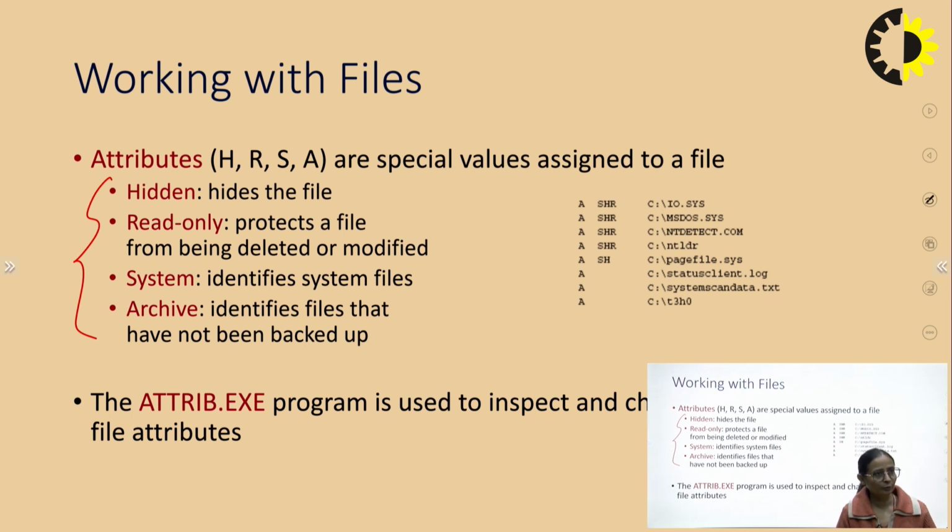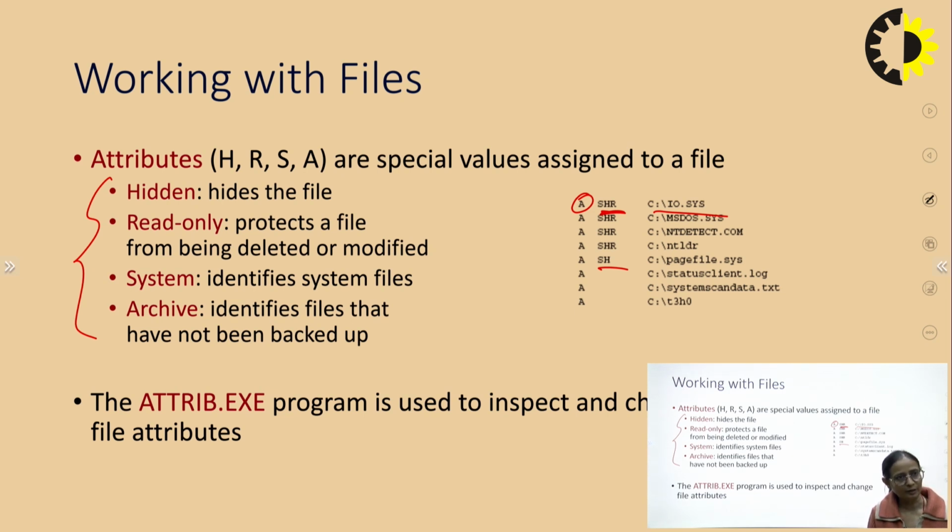So if you look here, A is my archive, and we see what permissions we have given each file. For example, here I have given SHR. So this implies that it is a system, hidden and read only file, whereas in the case of this, it is system and hidden, but read only is not set.